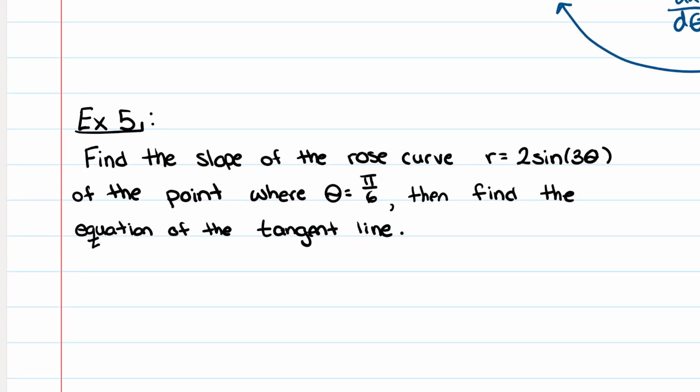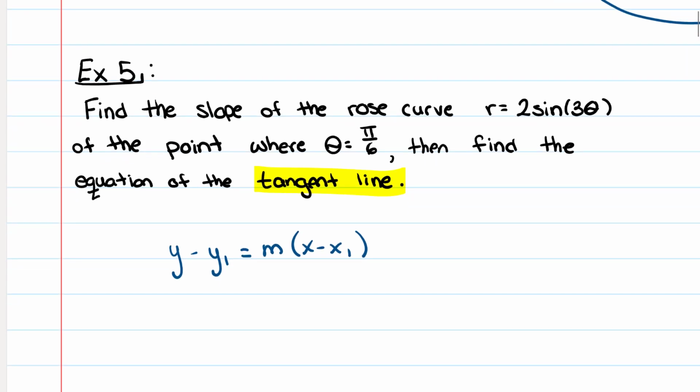When I read the two words tangent line, I'm immediately going to write down y minus y1 equals m times x minus x1. So I'm going to want to write things in terms of y and x, because I want y and x in my answer. I want dy/dx. And to find that, I need dy/d theta over dx/d theta.